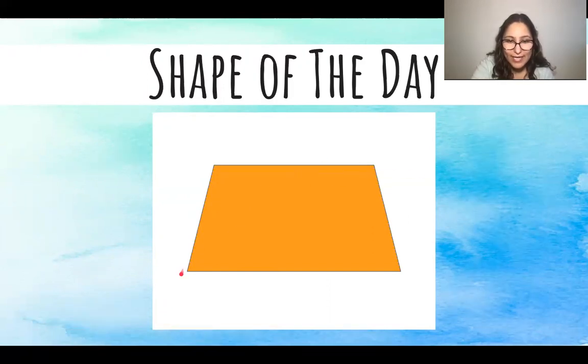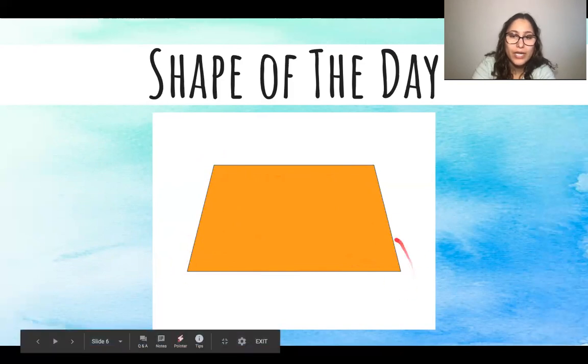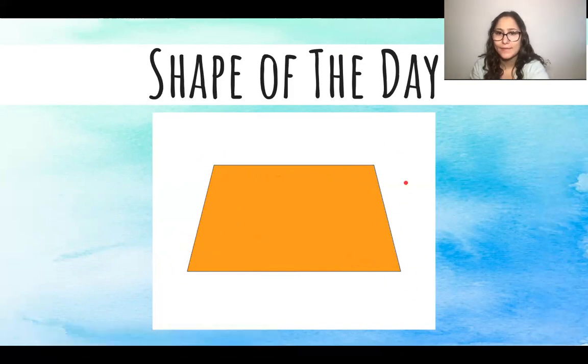Then it looks like this side is long and this one is medium and the 2 diagonal sides are short. So it has short, short, medium, long. It has 1, 2, 3, 4 corners. This shape is called a trapezoid.